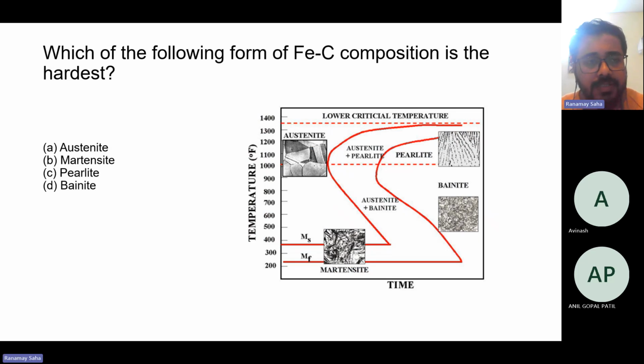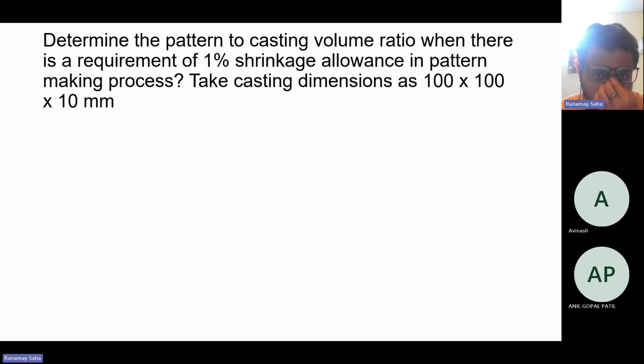So we were on this question. After that, we come to one question from casting. There are different kinds of allowances in casting. One is the shrinkage allowance. What kind of shrinkage happens to be the maximum?